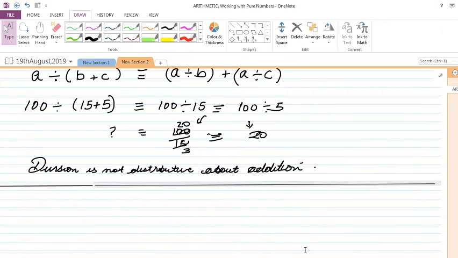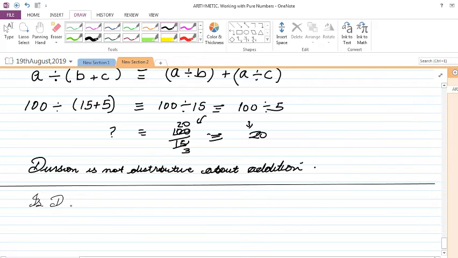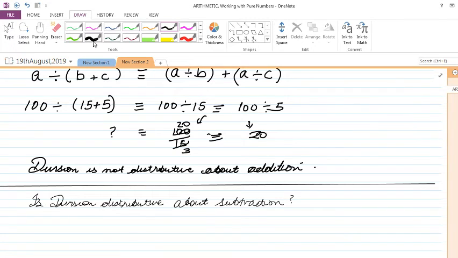Now, we're going to see if division is distributive about subtraction. So let's try that.